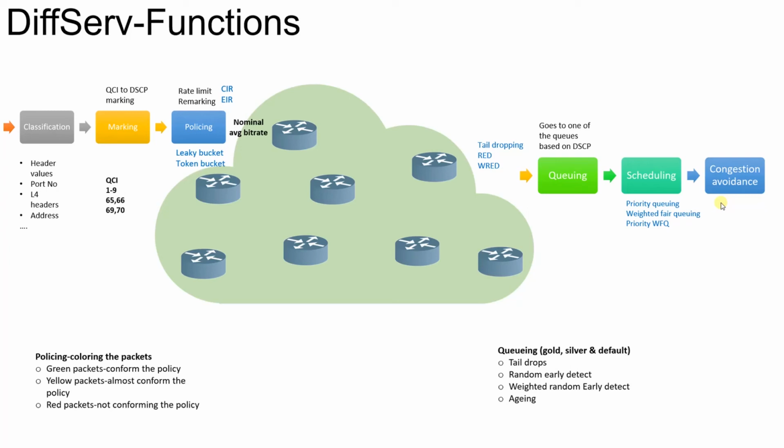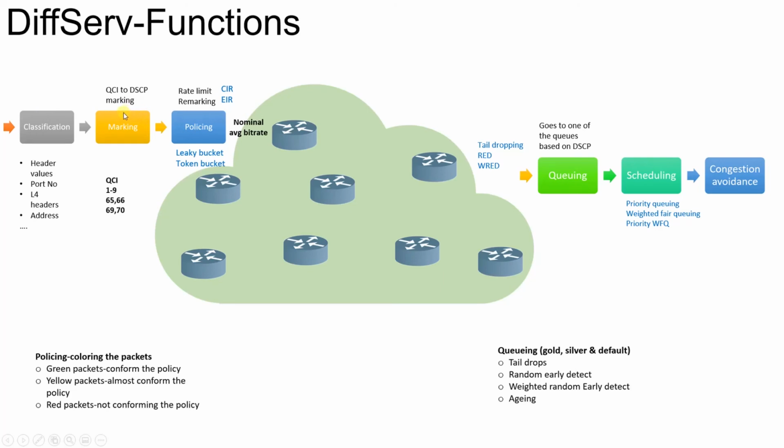So if you are going to prepare a QoS script or QoS policies, what are all the things you have to capture in the QoS policy? Starting from the classification, you have to classify the packets and mark them using the DSCP values.